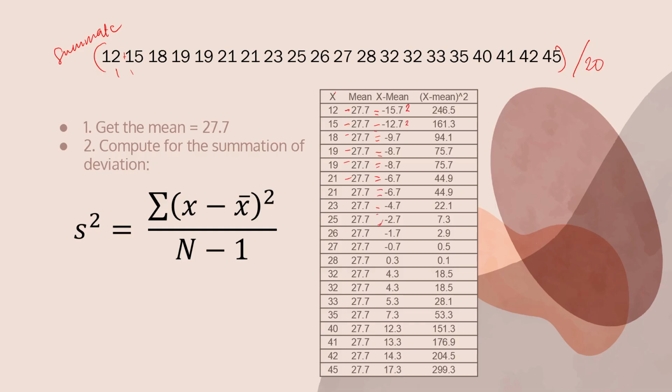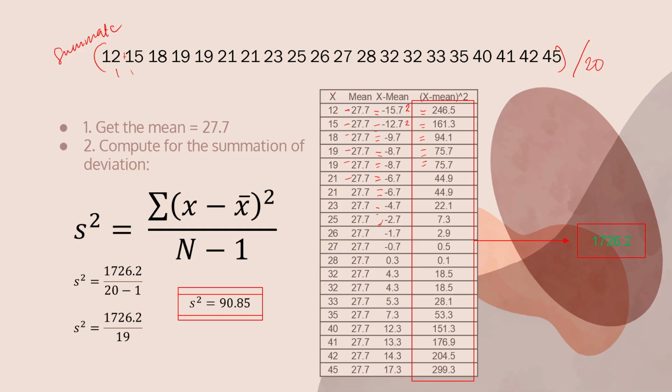We square each one, and then we get the sum of our deviation. So the totality of your x minus mean squared, we get 1726.2. So we can simply input that to the formula, 1726.2 divided by 20 minus 1, we get 90.85. So this would be our sample variance.